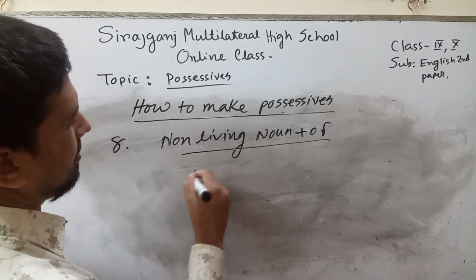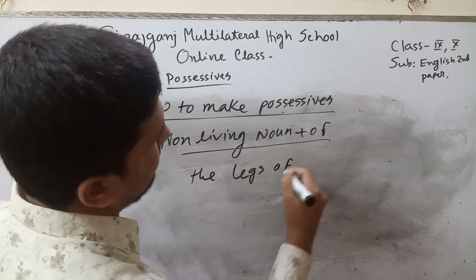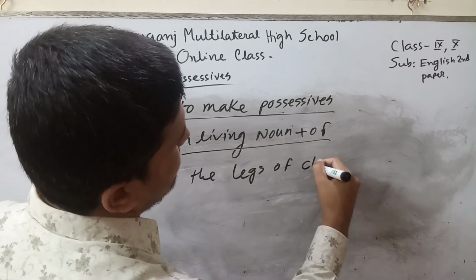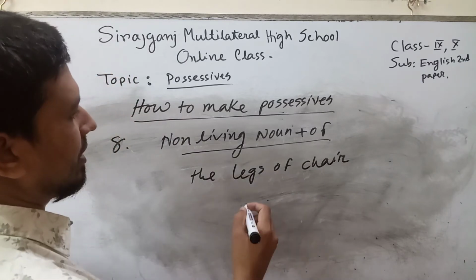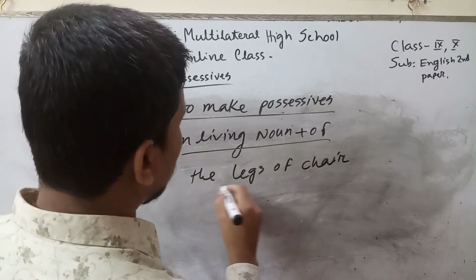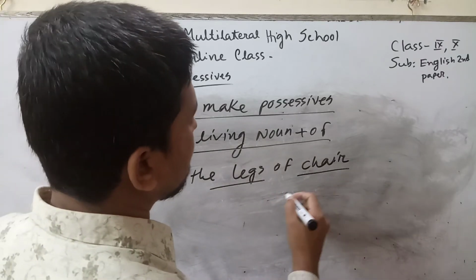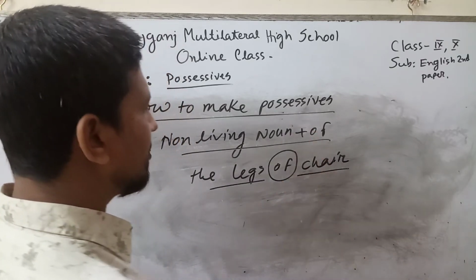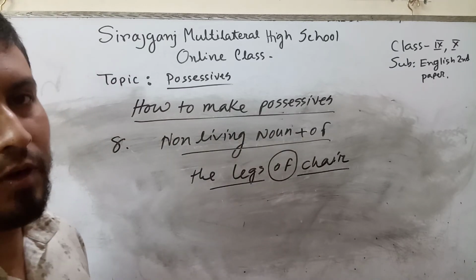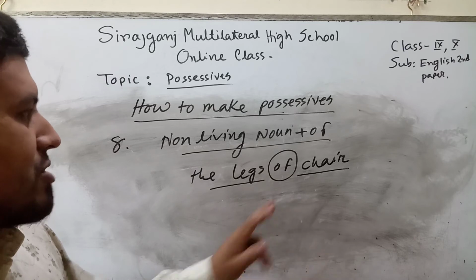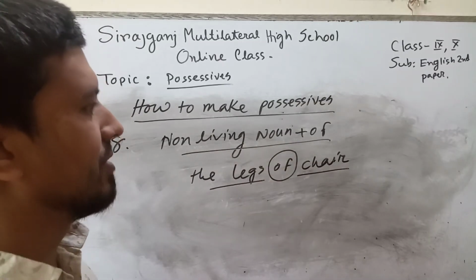Suppose, the legs of the chair. Here, legs is a non-living thing, and chair is also a non-living thing. So if you want to make this type of possessive, you have to use of. Apostrophe s will not be used here. So this is the possessive case.